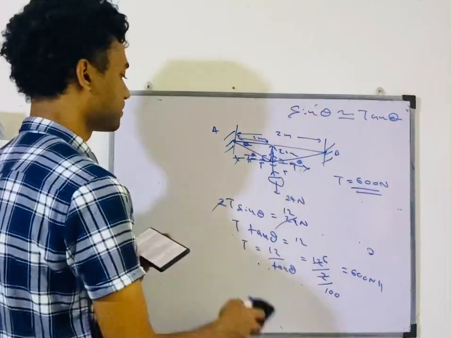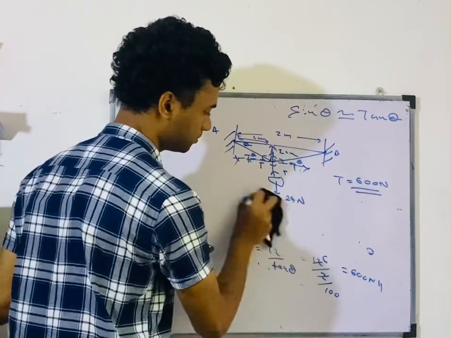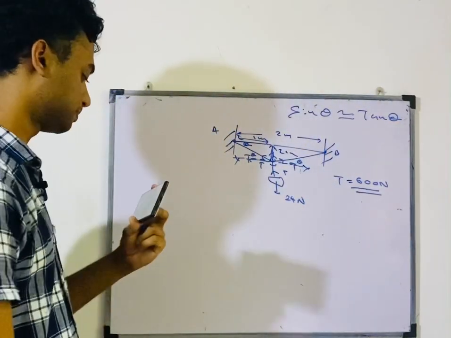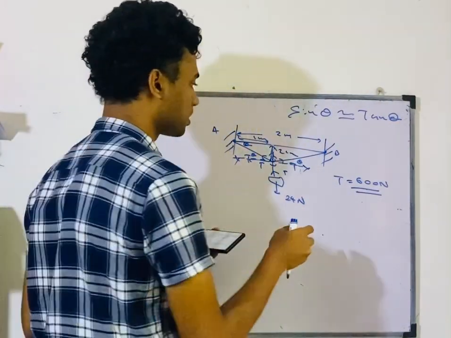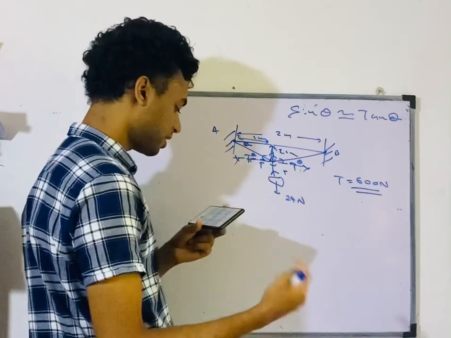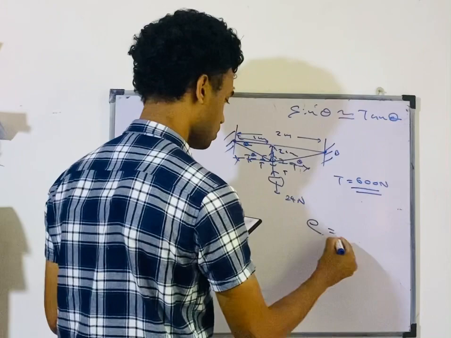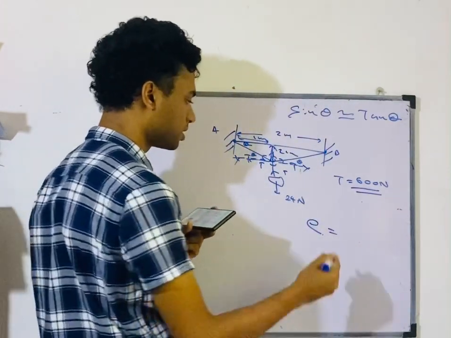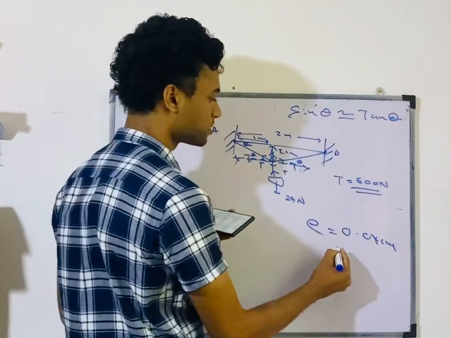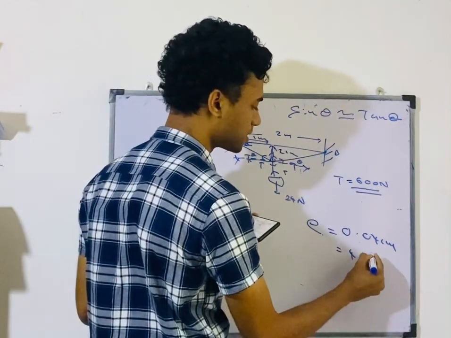Look at this. Next point. Tension is known now. Now they mentioned the extension of the total wire is 0.04 centimeters, which means 4 times 10 to the power minus 4 meters.